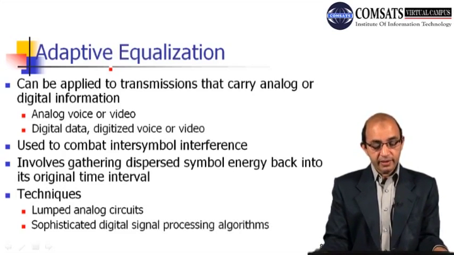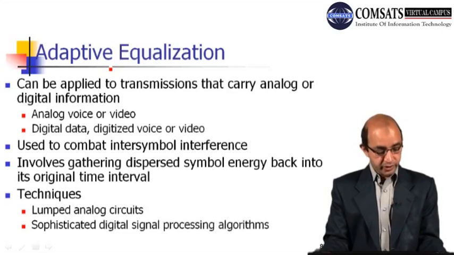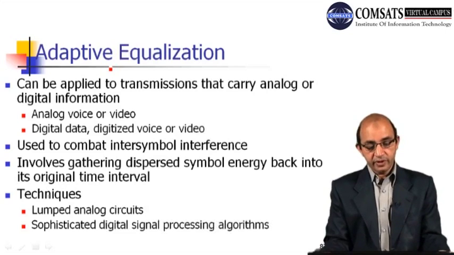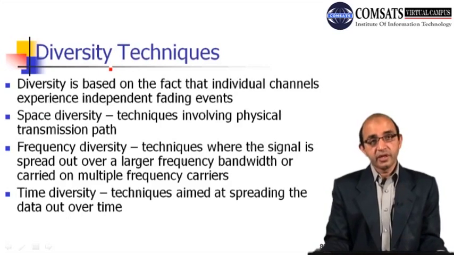It's gathering dispersed symbol energy back into its original time interval. There are certain techniques involved when we apply adaptive equalization: lumped analog circuits and sophisticated digital signal processing algorithms.